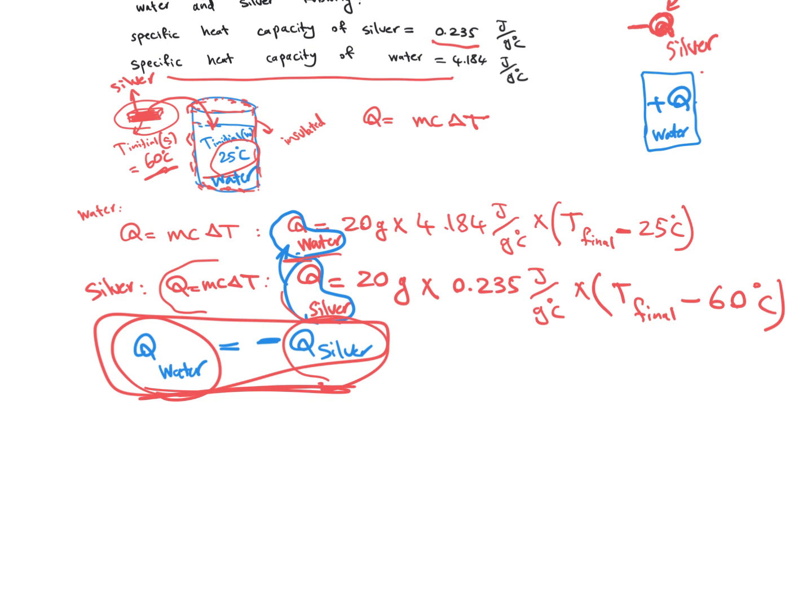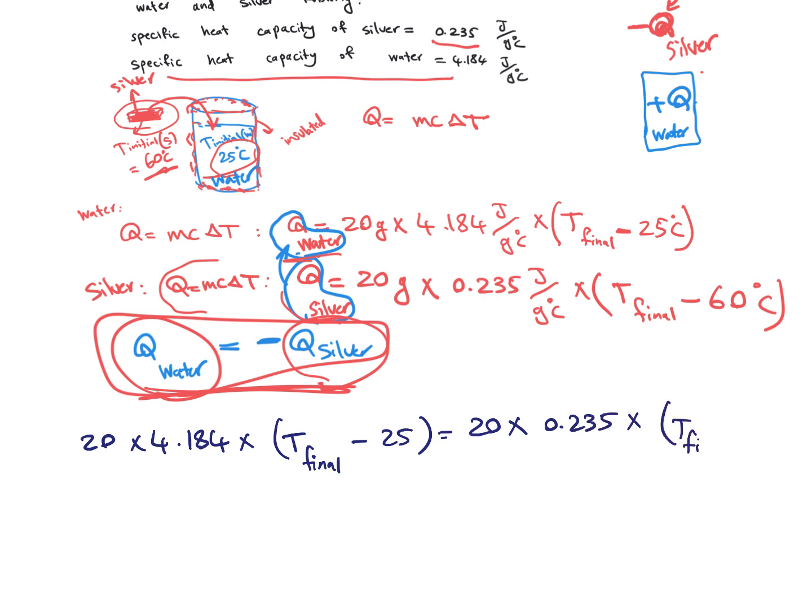Okay, now let's solve the equation. So you have 20 multiplied by 4.184 multiplied by T final minus 25 equals 20 multiplied by 0.235 multiplied by T final minus 60. And remember, when I substitute, I should also put a negative here.